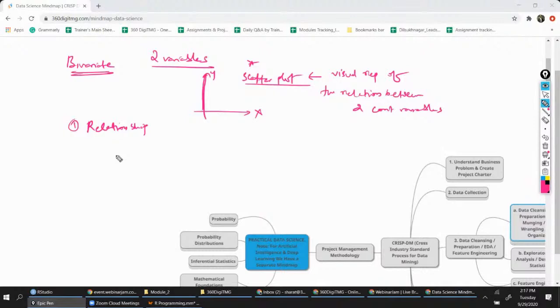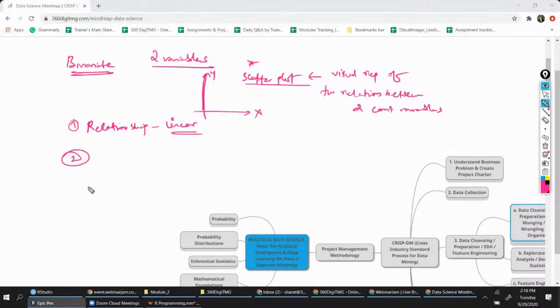We are trying to interpret this. Here you will check for one condition. What is that condition? Whether the relationship between x and y is linear or not, is consistent or not. Linearity means consistency.